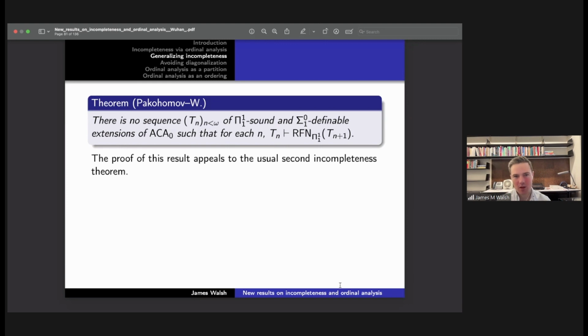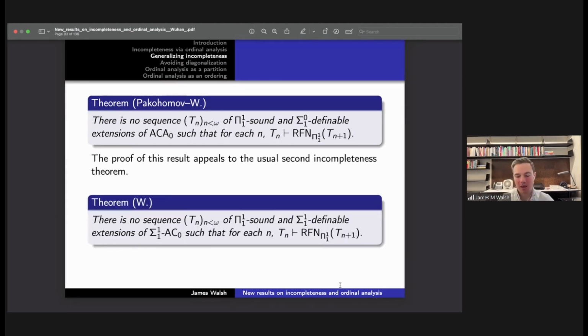We formulate that sentence, and then we show that ACA0 plus DES proves the consistency of ACA0 plus DES. So this theory is proving its own consistency. That means it's inconsistent. And in that way, we were able to show that ACA0 in fact excludes the possibility of descending sequences. So that's how the proof goes.